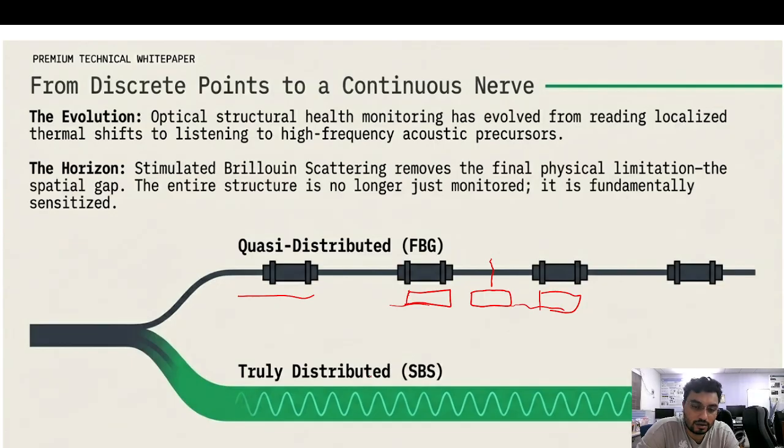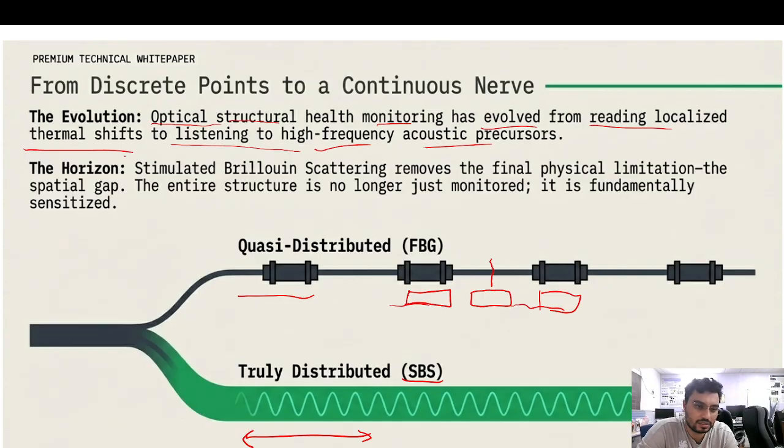To resolve this issue, the distributed sensor, which is SBS, can be used, where the fiber optic itself behaves like a sensor. So the evolution is that optical structural health monitoring has evolved from reading localized thermal shifts to listening to high frequency acoustic precursors.